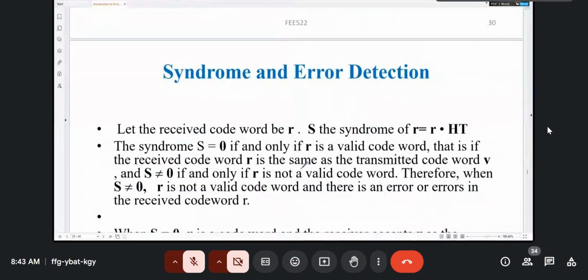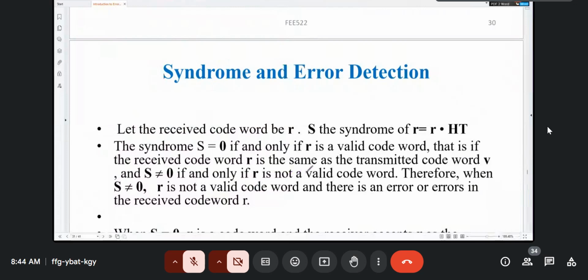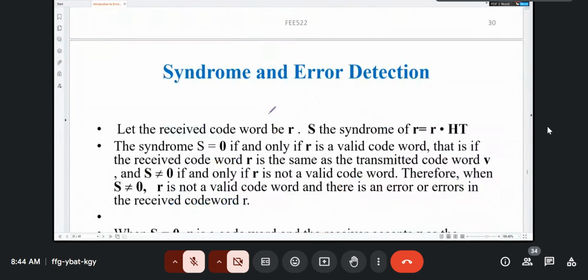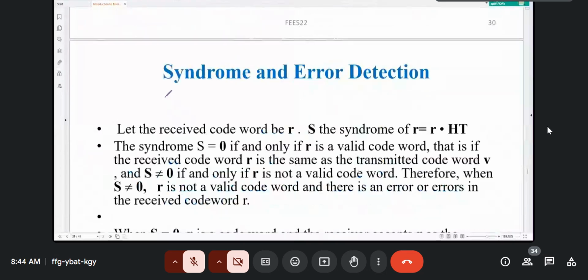Ah, yes. The most important thing about error checking is something we call the syndrome. So what happens is, if you multiply any of these, what do you call it?